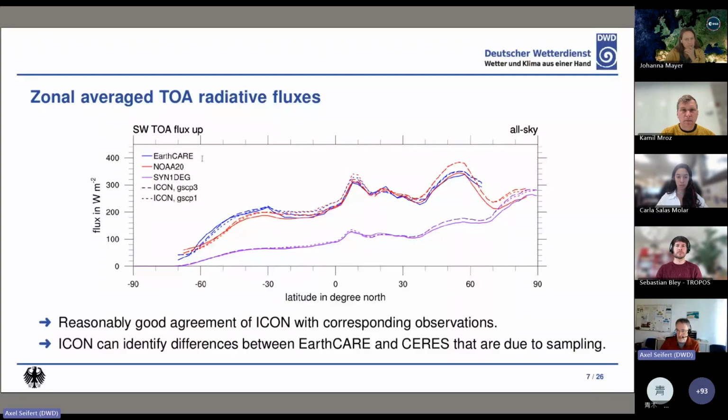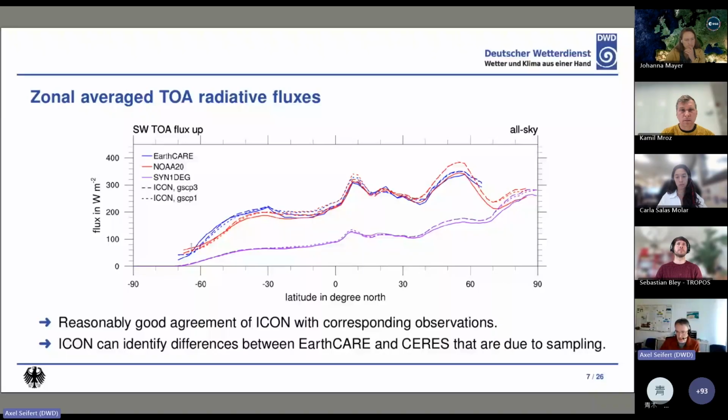Blue is EarthCARE, red is CIRRUS SSF level 2 data only from NOAA 20, and the magenta line is the level 3 data from CIRRUS that combines all the different data sources.